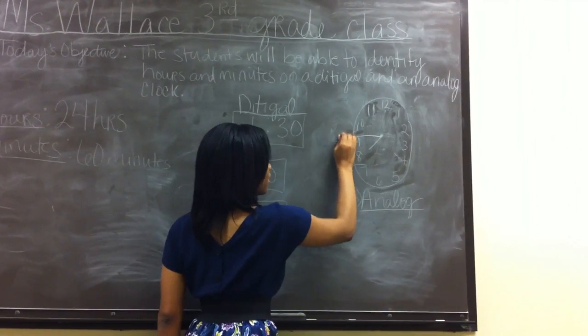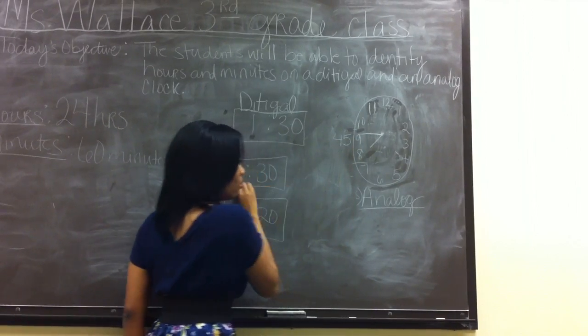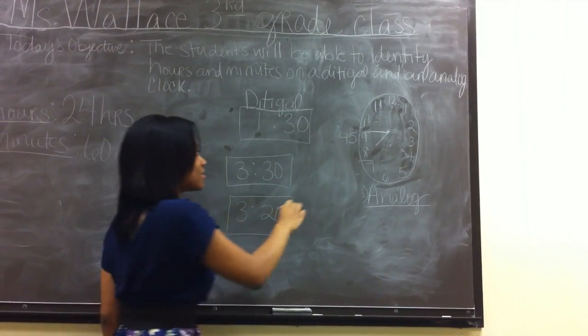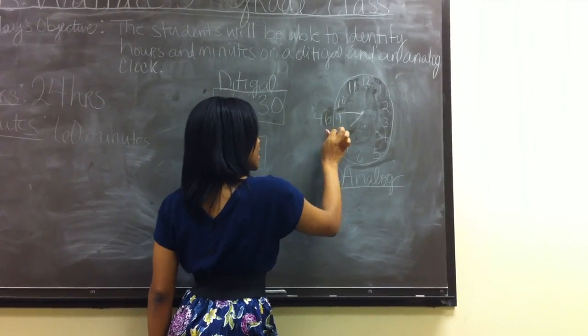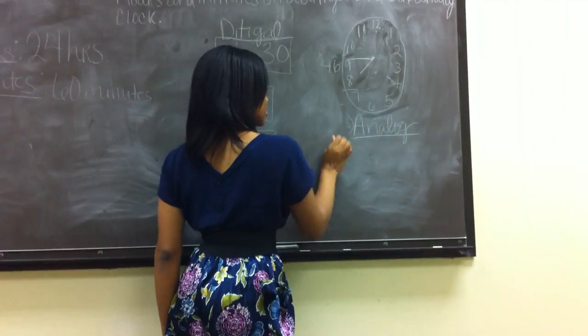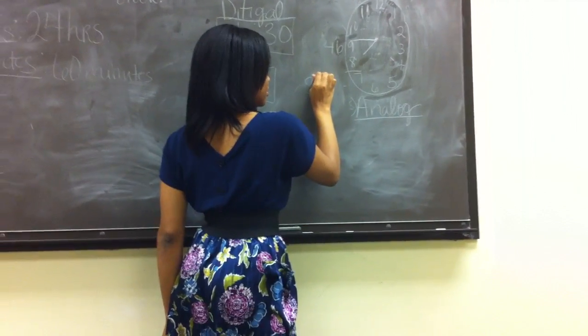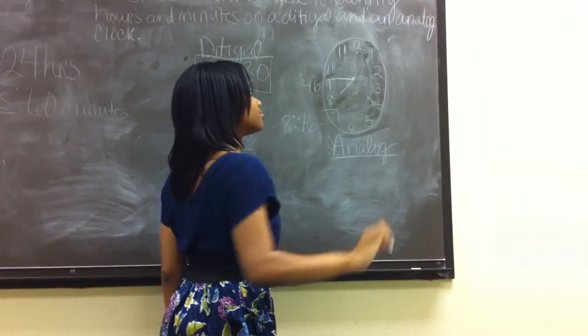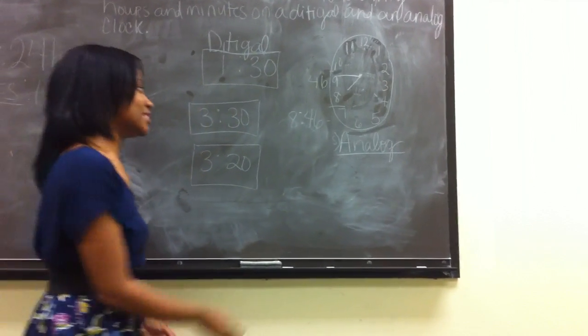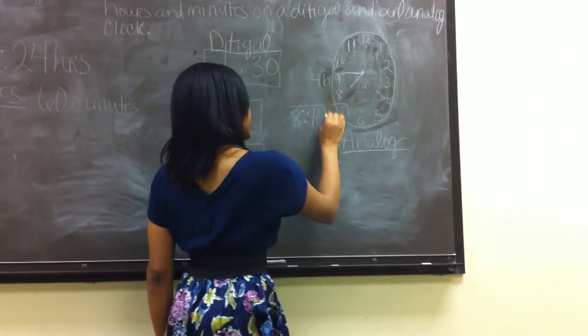So if this is 45, it's like 46. Yes, it's 46. So what time is it? 8:46. So it's going to be 8. If it's in the morning, then we are at school. But if it's at night, I'm at home in my bed. You should be sleeping. That's right.